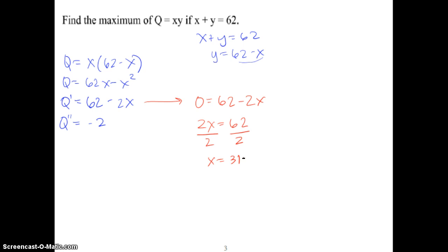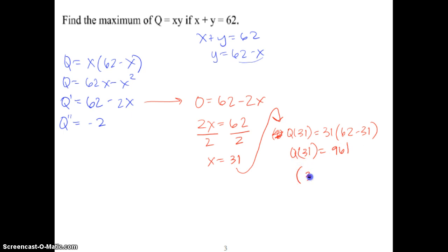We still are going to want to test it, but let's go ahead and find the y value of this critical point. So q of 31 is going to be 31 times 62 minus 31, which is 961.